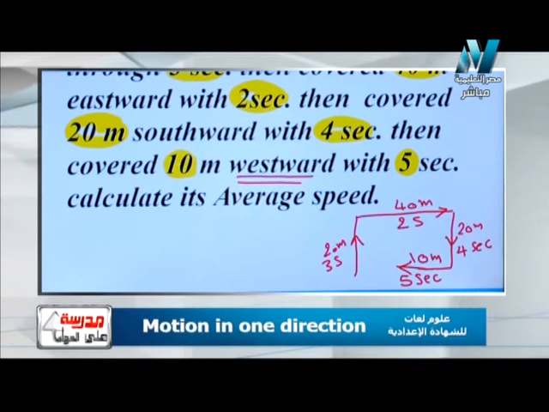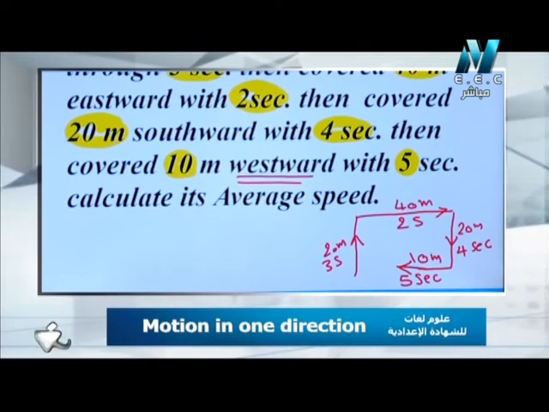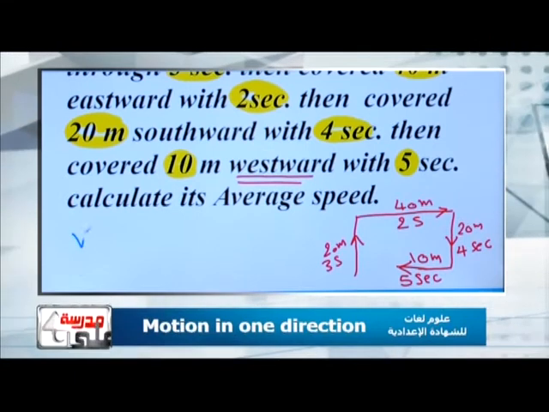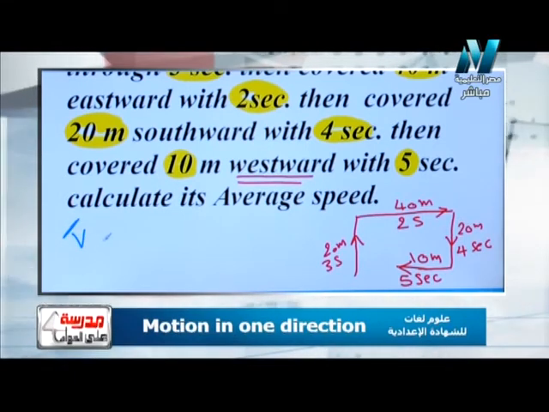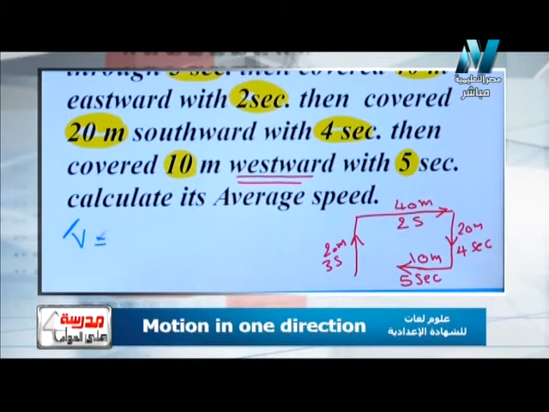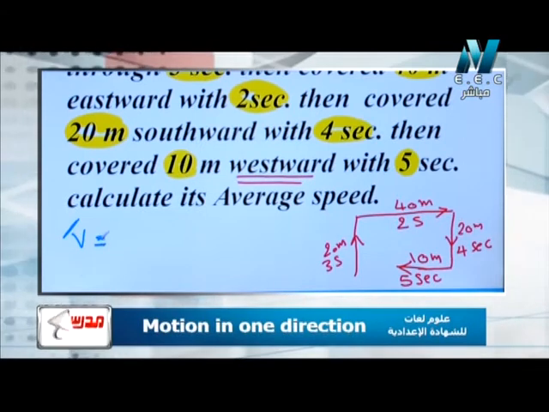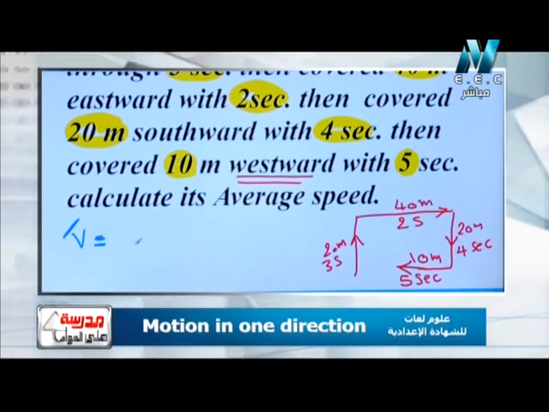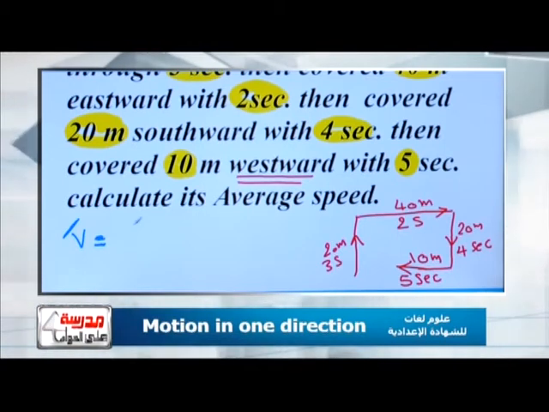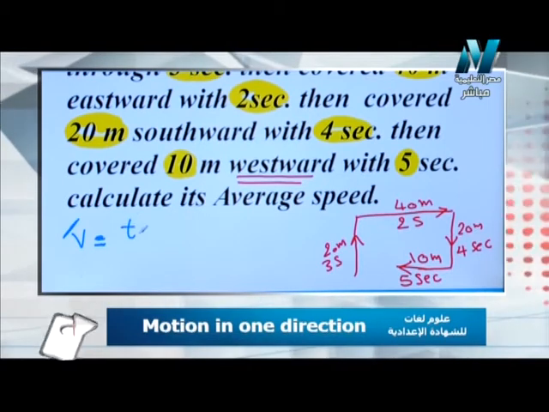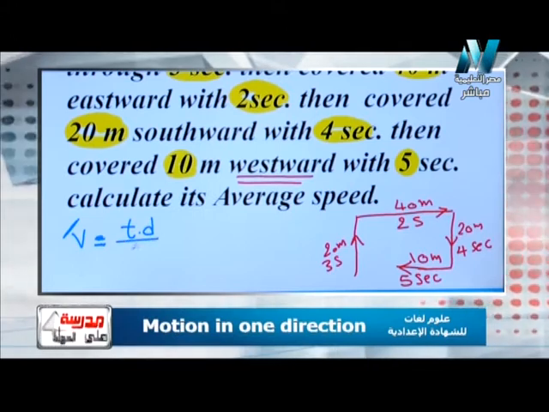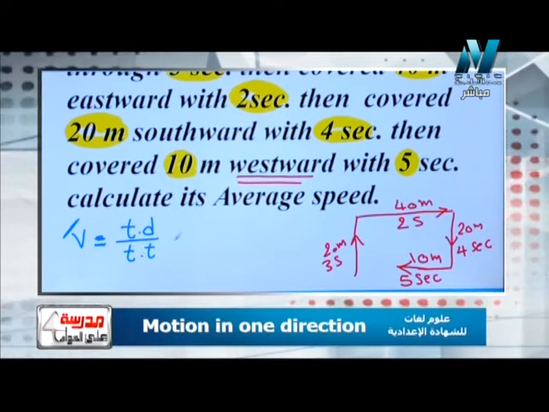As we know, average speed is equal to total distance covered over total time taken to cover this distance. So V dash is the average speed; V only is speed. By the way, we can also write S for speed.